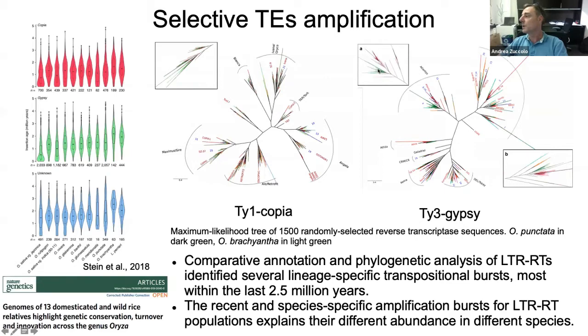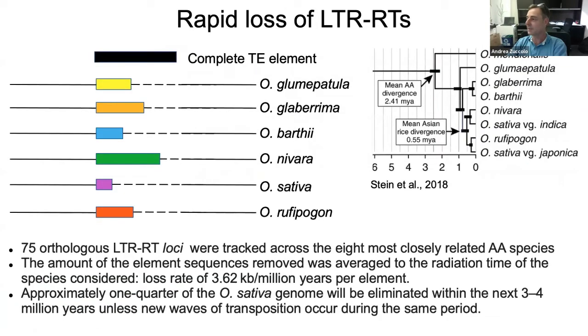Not just that, we were also able, using the entire genome sequence, to figure out the insertion time of these elements, and altogether we were able to identify several lineage-specific transpositional bursts, most of which occurred in the last 2.5 million years. The recent species-specific amplification bursts of LTR-RT populations explain their different abundance in different species.